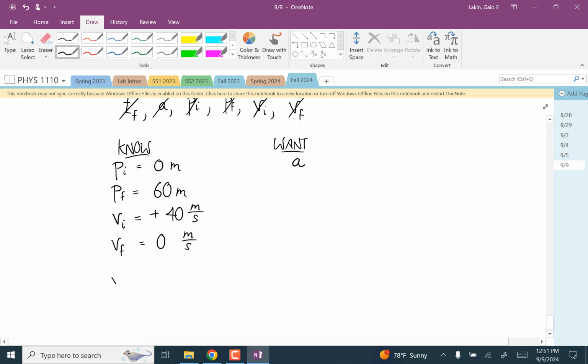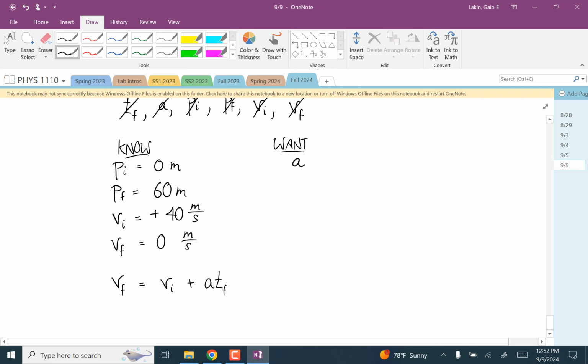So let's try the first one first. V final is equal to V initial plus A T final. The first question is, the equation doesn't do us any good if it doesn't have the thing we're looking for. Well, this one does have A, so that's a good start. Now we're going to go through the rest of the variables in the equation and make sure we know everything else.